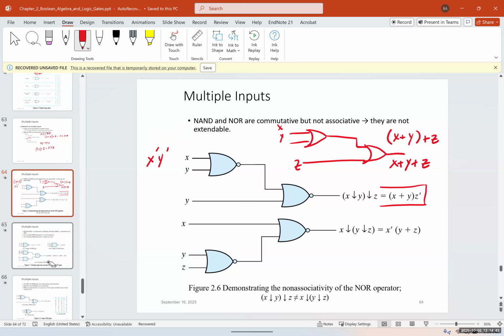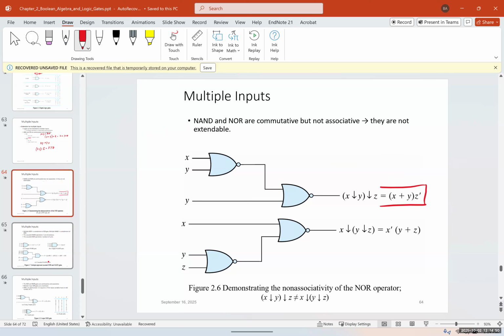Now let's give these some values and see what the results are for each of them. So imagine if X is 0, Y is 1, and Z is 1. I want to find the output F1 and F2. So I want you to solve this. I'll give you a few minutes to think on it, and then I will solve it.